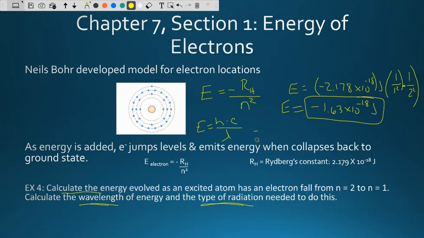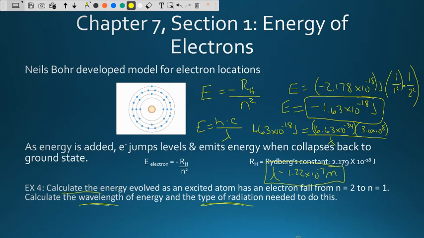Technically, there's a negative in there, but the energy given off is 1.63 times 10 to the negative 18th joules, and that's going to equal 6.63 times 10 to the negative 34th, Planck's constant, and 3.0 times 10 to the 8th, that's the speed of light, and we're solving for wavelength. My wavelength then ends up being 1.22 times 10 to the negative 7th, and that's going to be in meters.